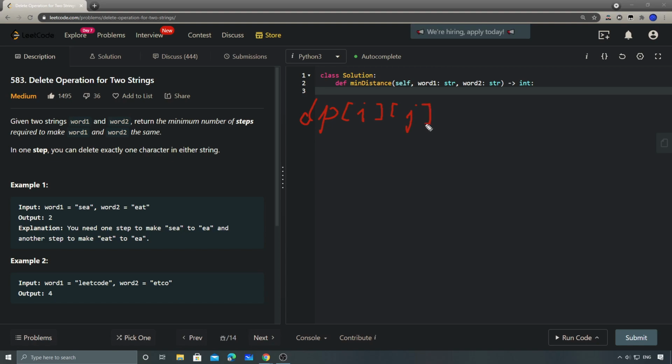For DP we always want to define the state, and for this kind of two-string problem we always need two states. DP i j means that for the first i letters from word one and the first j letters from word two, what is the longest common string?